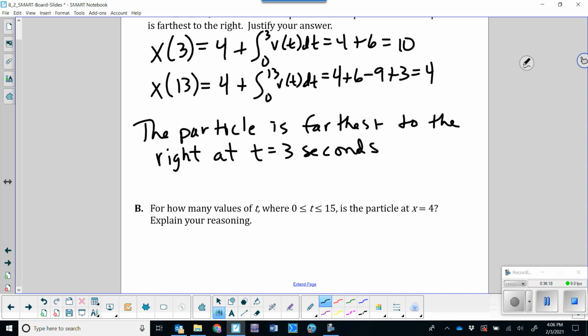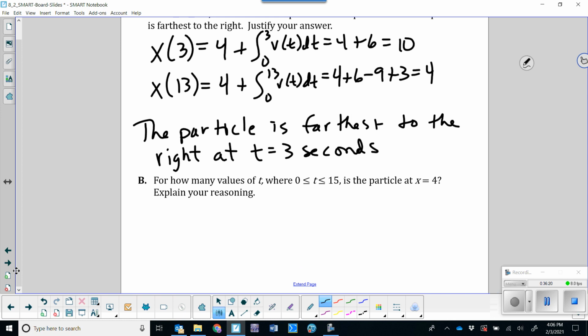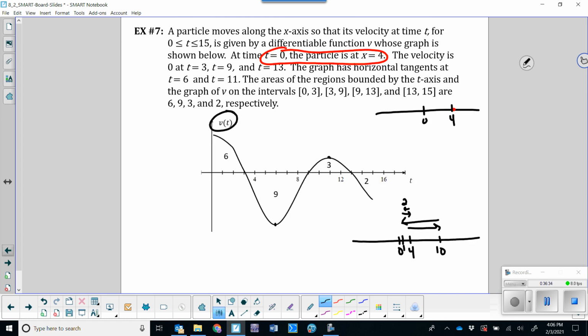And then for how many values of t is the particle at x equals 4? Well, we've got to think about some things, okay, about what's going on here again with the particle. First of all, they told us that the particle's movement is continuous, and they told us that v was differentiable, which means it's continuous, okay? So it's continuously moving.